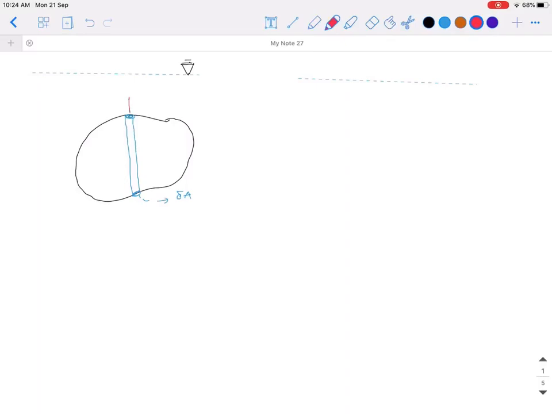This body experiences pressure P1 due to the surrounding fluid, and here it will be P2. Let us denote the distance from the free surface of point 1 as h1, and let this be h2.